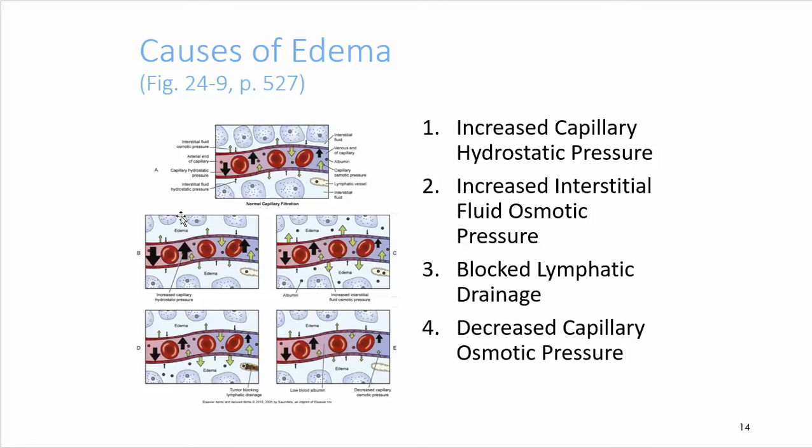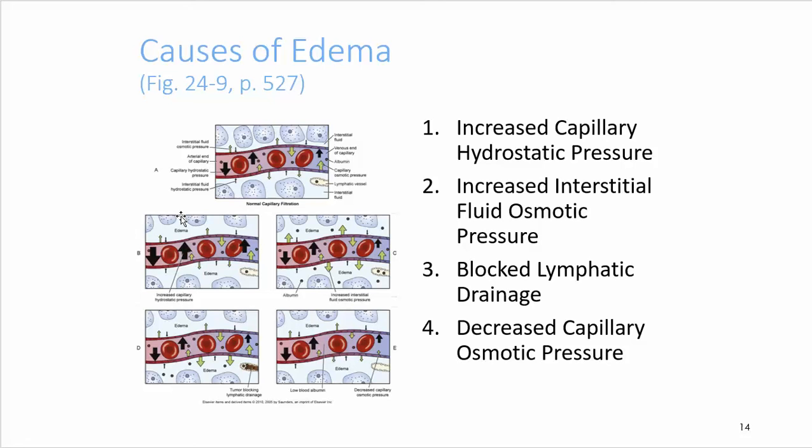Vasoconstriction can cause this. Anything that's going to increase this capillary hydrostatic pressure, because what will happen is more fluid will push out and it will cause an imbalance with the forces that are pushing or pulling fluid into the capillaries, and so we end up with more in the interstitium, and that's edema.